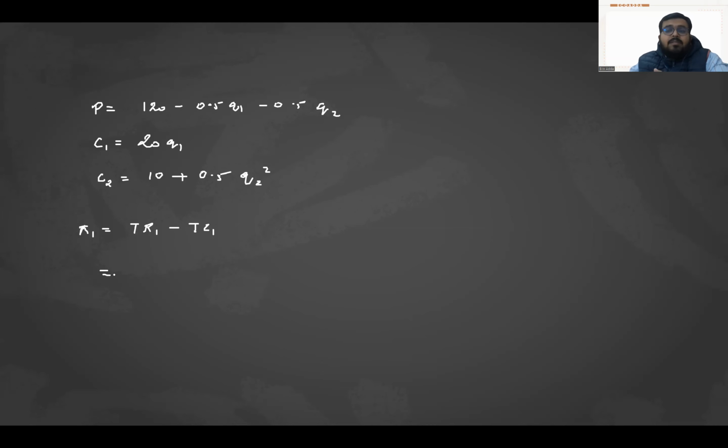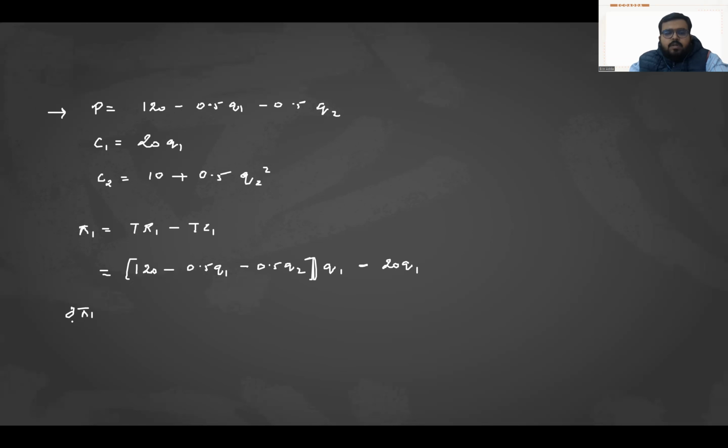TR is nothing but price into quantity, and we know that price is this. So I'm writing (120 - 0.5Q1 - 0.5Q2) times Q1, minus the cost, which is 20Q1.